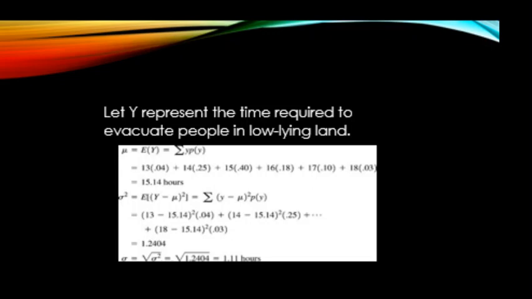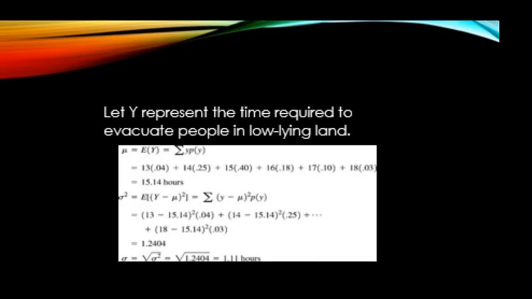And then the standard deviation or variance will work like this. Sigma squared will be the expected value of y minus mu, whole squared, times the probability of each y. So this can be used as a formula here. So take each value of y, subtract the mean from it, square it, and multiply with its probability.